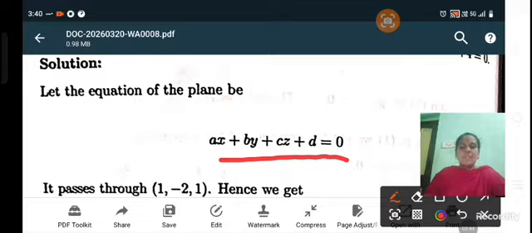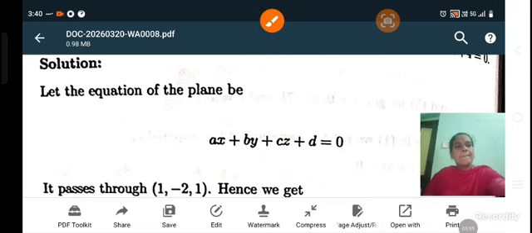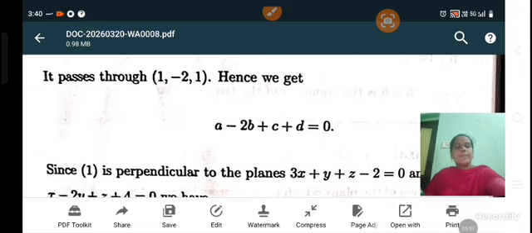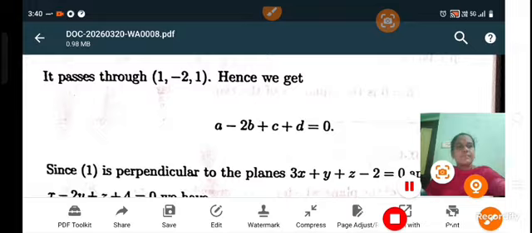So the dot product of the normals is 0. Then we have the normal to the required plane (a, b, c). The normals of the given planes are (3, 1, 1) and (1, -2, 1). Thus, we get two conditions.